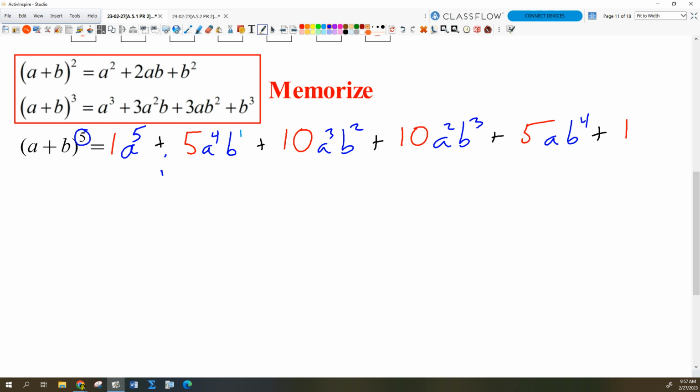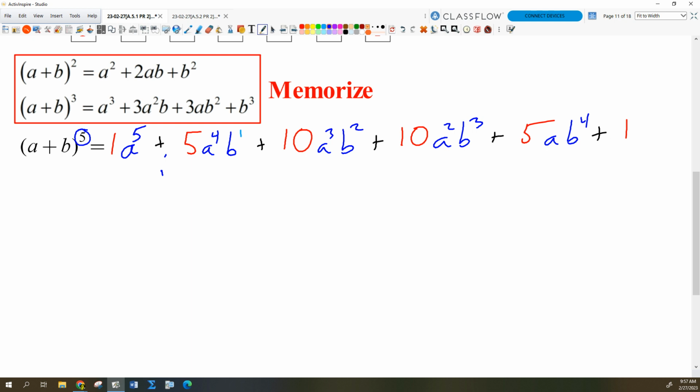Well, okay, so we already did A to the 1, right? So yeah, the B is going to go to what power on that last one? No, remember the B's are always increasing by 1. They started at 0, 1, 2, 3, 4.